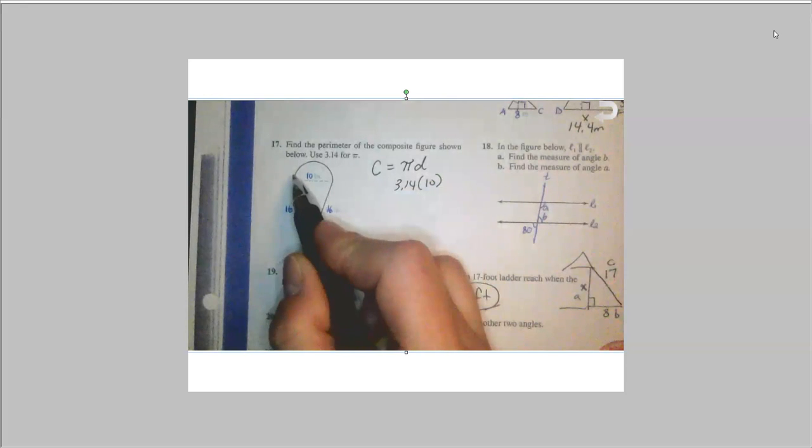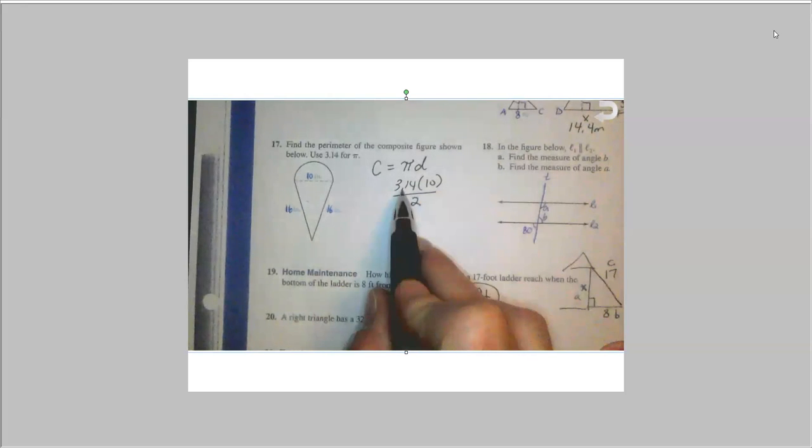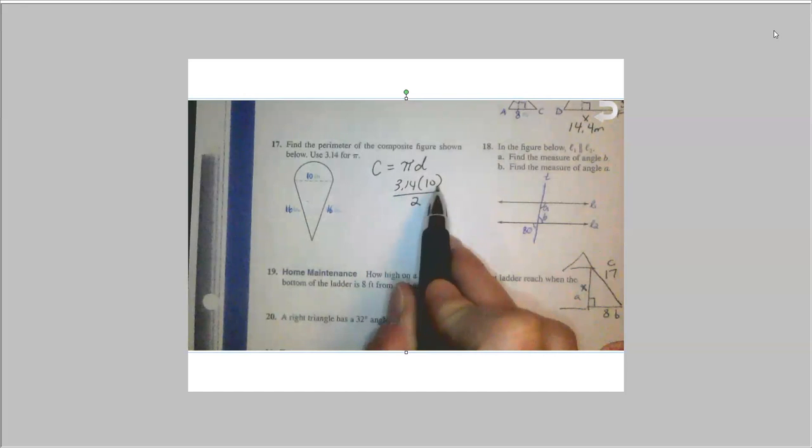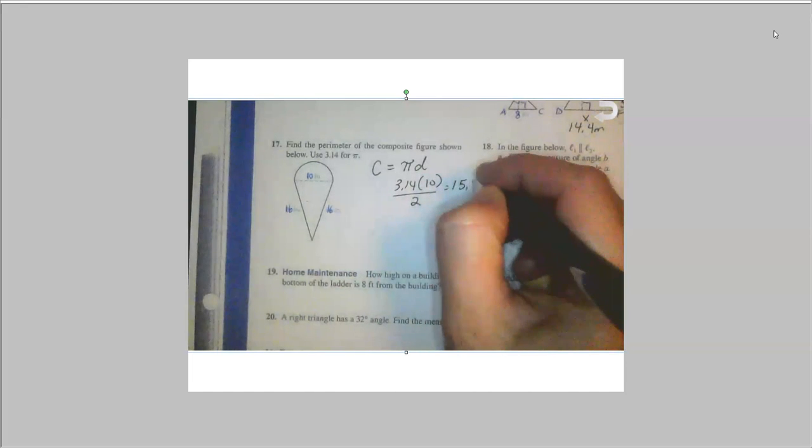So 3.14 times the diameter of 10 would get me the circumference of a full circle. But since this is a semicircle, I'm just going to divide that in half, divide it by 2. So 3.14 times 10 divided by 2, that would be 15.7.